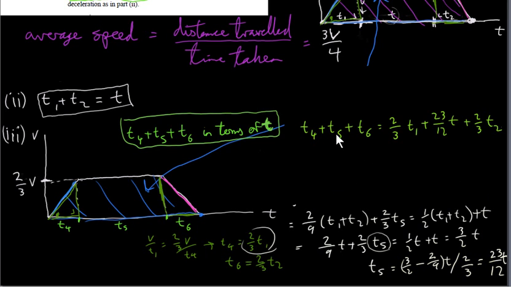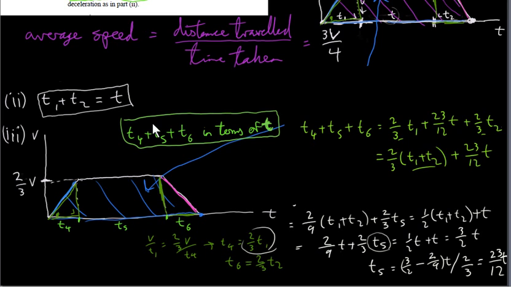So now we can get t4 plus t5 plus t6. t4 is 2/3 t1, t5 is 23 t over 12, t6 is 2/3 t2. Now we can write this first and last term as 2/3 times t1 plus t2.